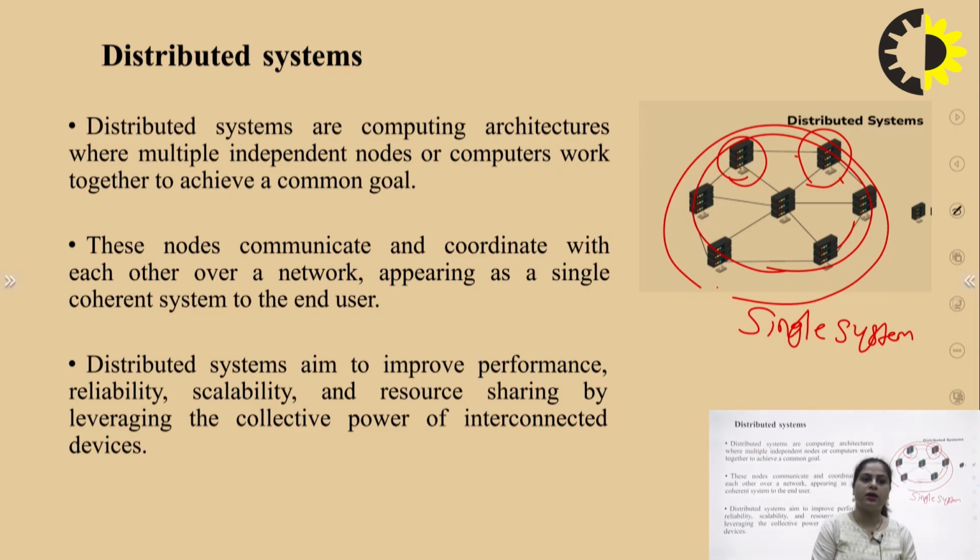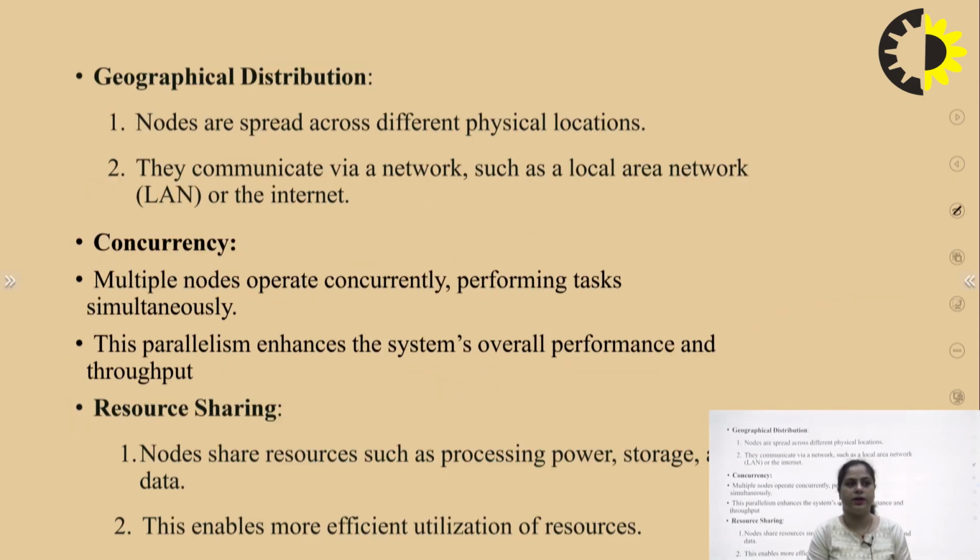Distributed systems are computing architectures where multiple independent nodes or computers work together to achieve a common goal. These nodes communicate and coordinate with each other over the network, appearing as a single coherent system to the end user. A distributed system aims to improve performance, reliability, scalability, and resource sharing by leveraging the collective power of interconnected devices.